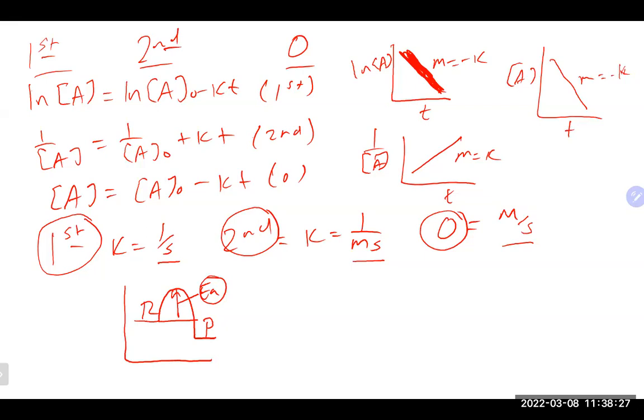Our reactants are higher in energy than our products, so energy is being given off. Endothermic would look opposite: you would have lower reactants than products, looking something like this, where this would be our activation energy. So exothermic on the left, endothermic on the right, but it really is that hill.